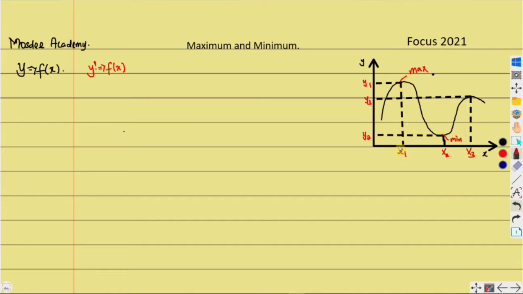Whenever we look for the slope of a graph, we set it equal to 0. At this point, we say the graph is at a minimum or maximum.